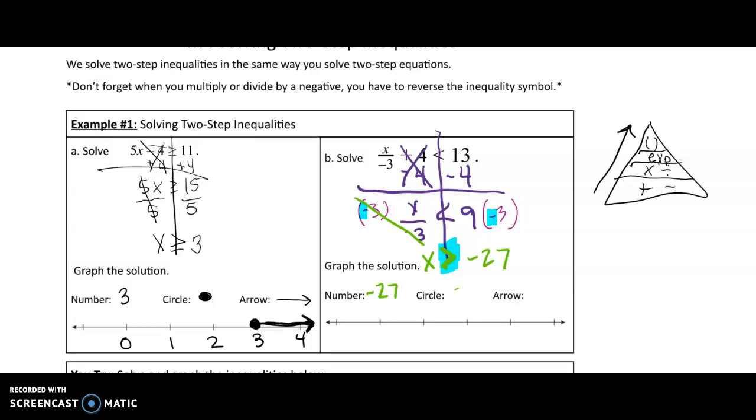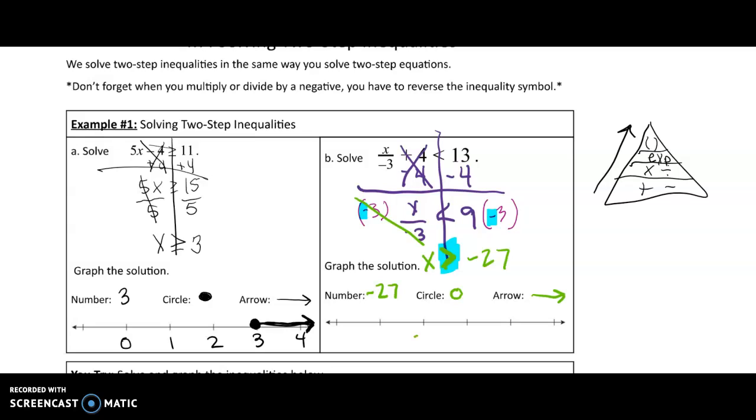My circle is going to be open this time because there's not a line underneath that inequality. So since there's not a line, it's not equal to it. So it cannot include that number in our graph. And then it is pointing to the right. So my arrow goes to the right. So x is greater than negative 27.